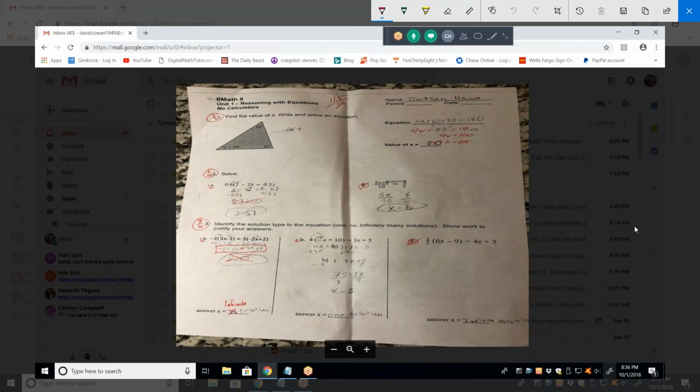Well, the first problem, what's the sum of the angles of a triangle? I said 4x. There's a magic number in geometry you want to learn. That magic number is 180. Oh, yeah, it's 180. Everything is 180.